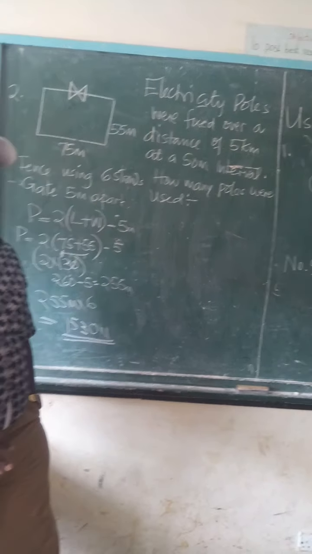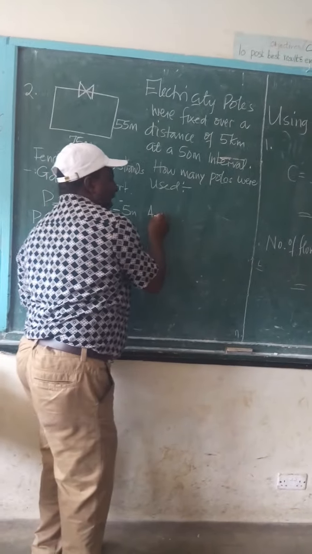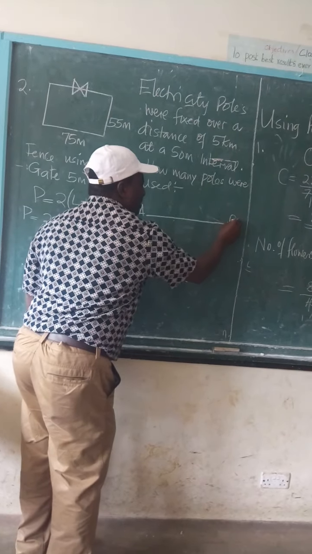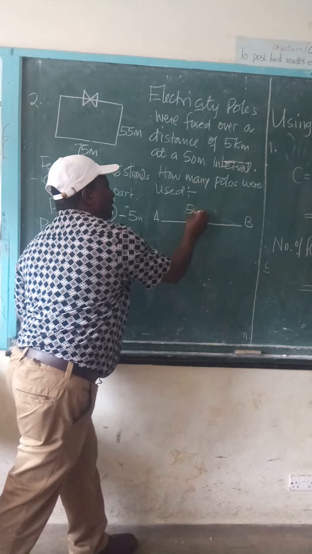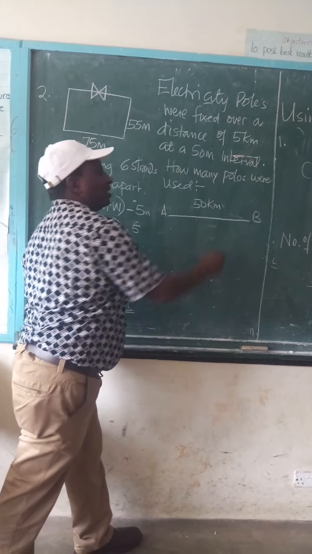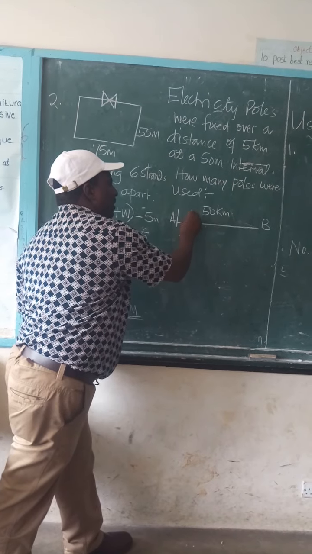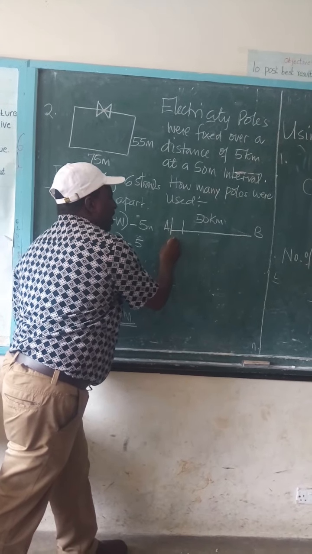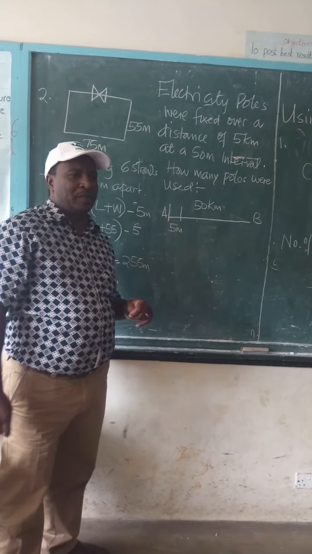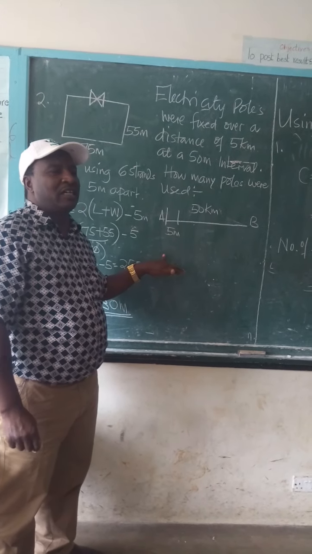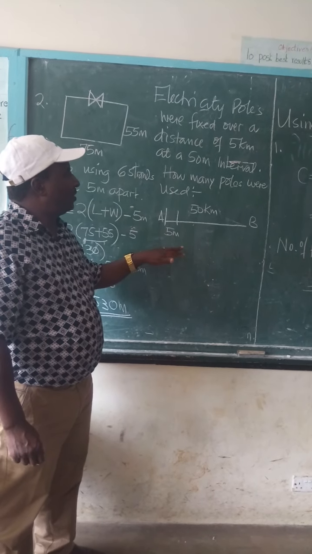In this case, we look at the distance from A to B. It is 5 kilometers. The poles are at a 50-meter interval.